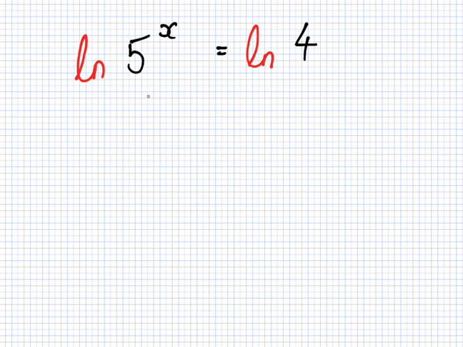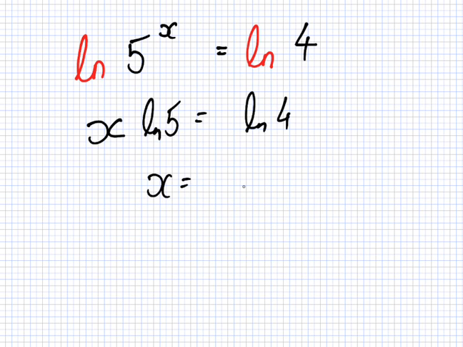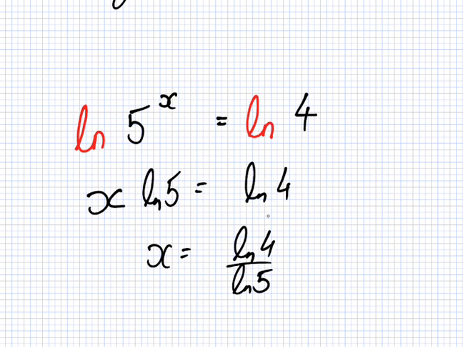And we can use the third rule, I think it is, that lets us take powers down in front of logs. So we get x log 5 equals log 4. So then x equals log 4 over log 5 is the answer.